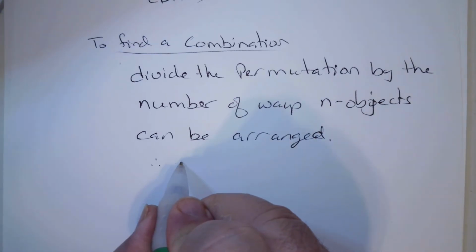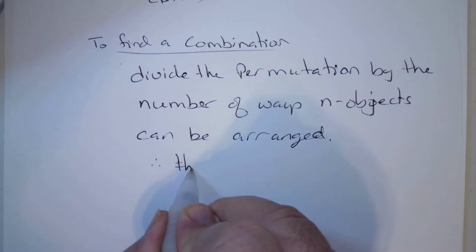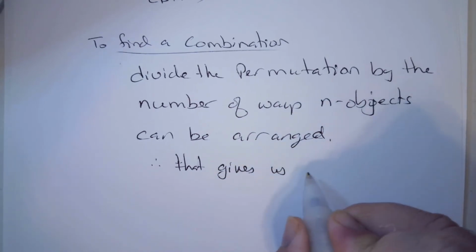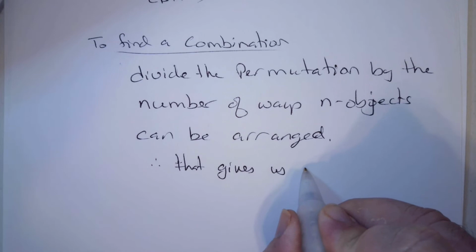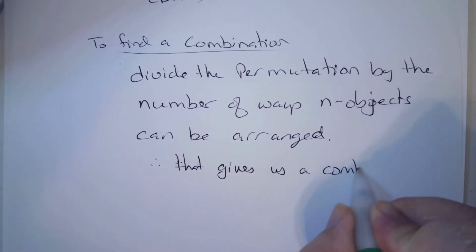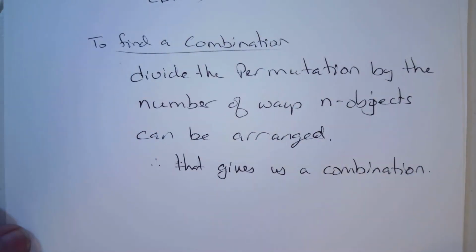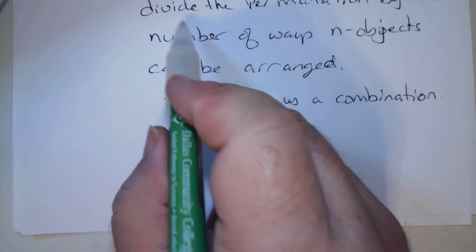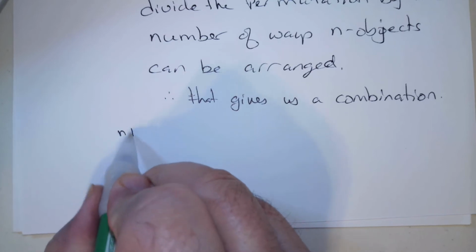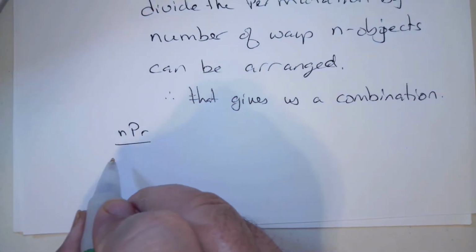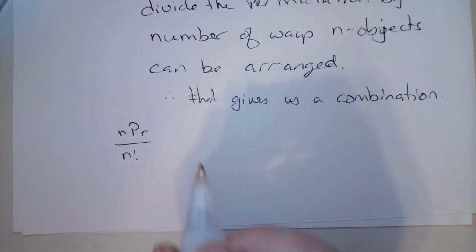That gives us a combination. So again, divide the permutation. Remember, we have nPr. Divide that by the number of ways n objects can be arranged. So it's n factorial.